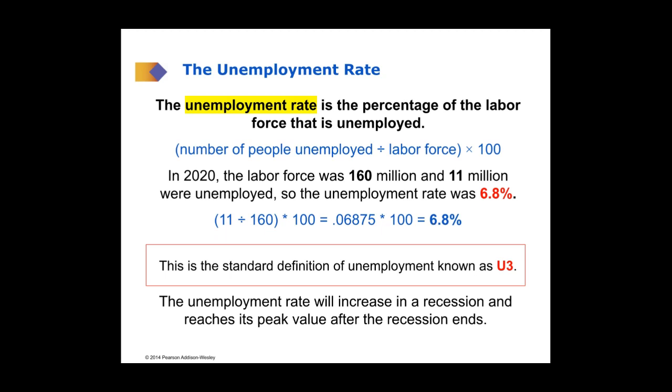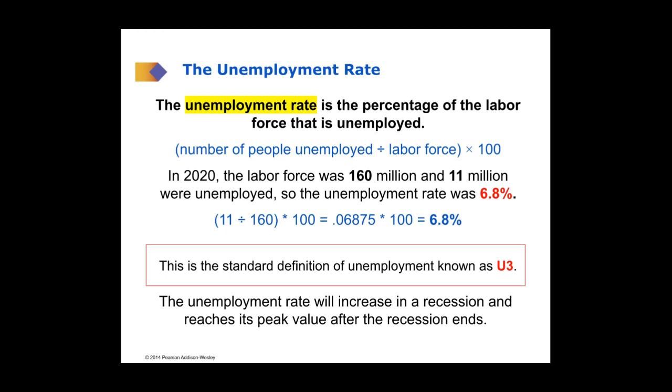When we hear in the news that the unemployment rate went to 6.8%, they're talking about this definition of unemployment. This is called U3. And this is the rate that economists normally talk about when they're talking about unemployment. Certainly, if they don't specify which measure they're using, it's the U3 measure. And this rate will go up, unfortunately, during a recession and reach its peak.